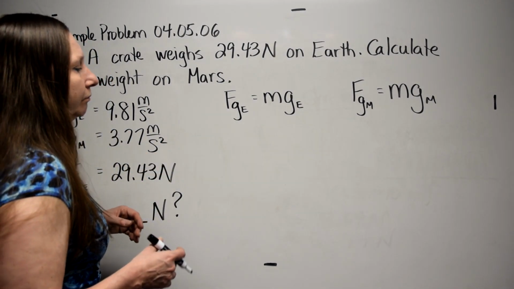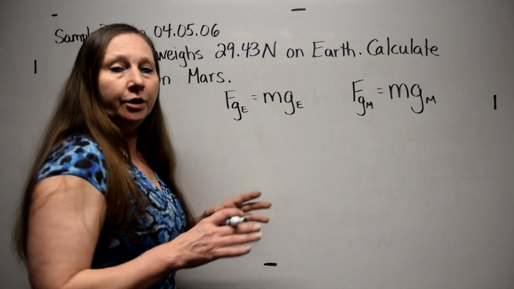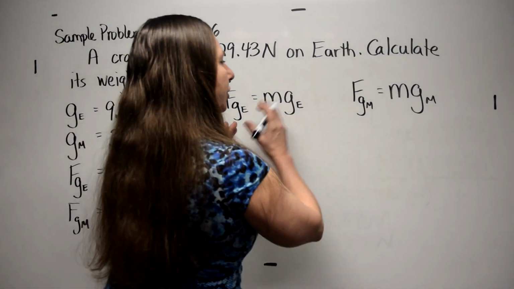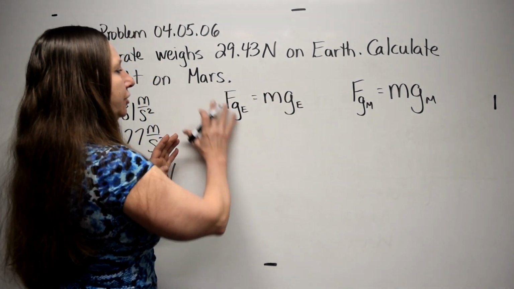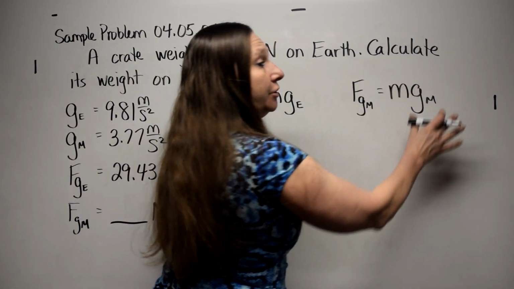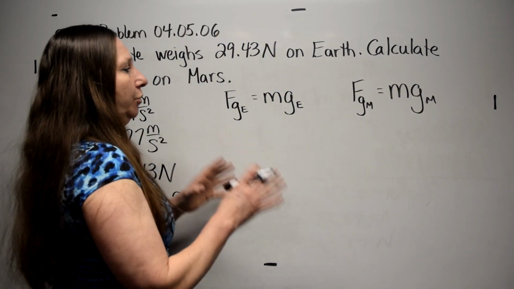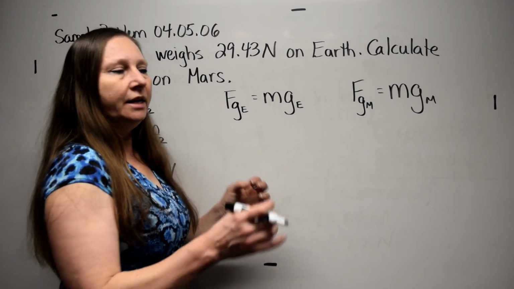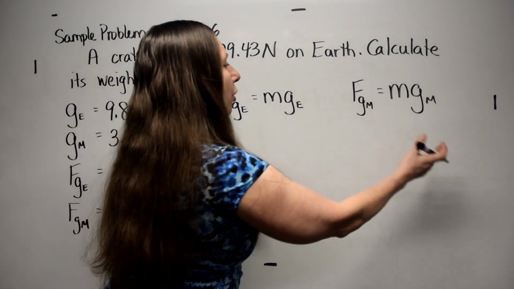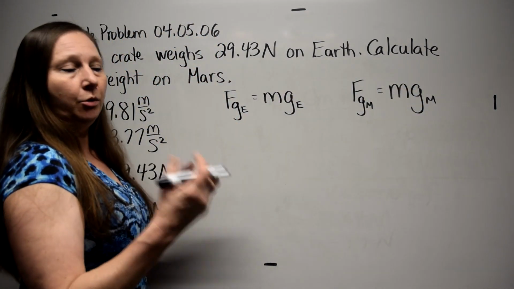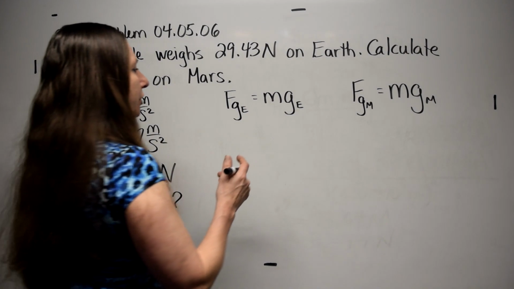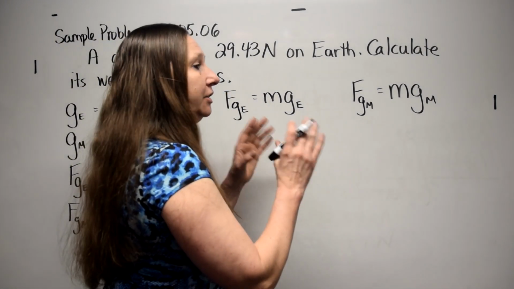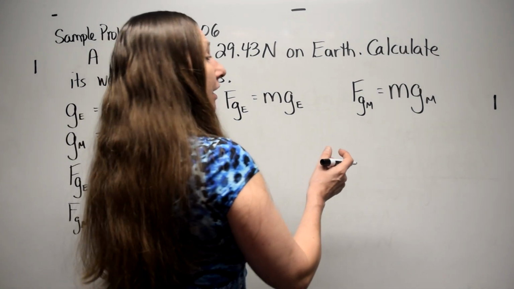All right. So what you want to do is you want to say, you've got 2 separate situations here. You've got the calculations for Earth and the calculations for Mars. When you've got 2 different situations, you want to say, what is equal in both situations? Well, it's the mass. We know it's the mass that's equal in both situations. And what you do is take everything that's equal and put it all on the left side.